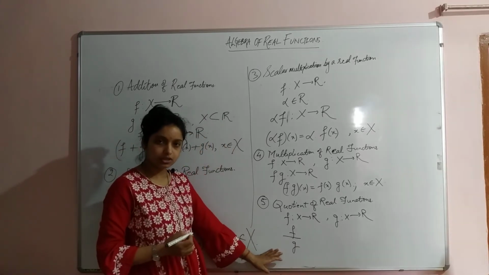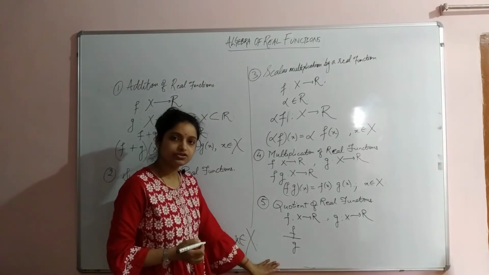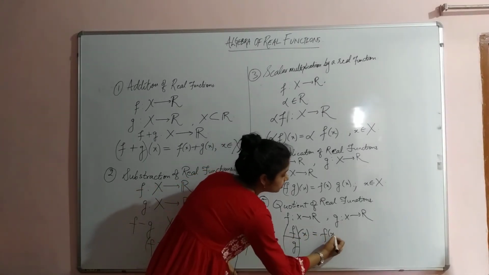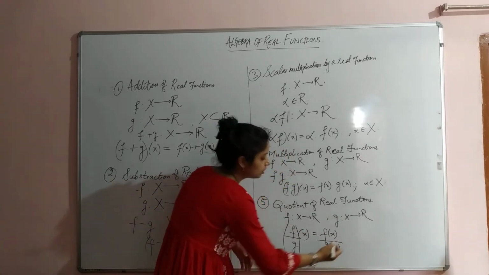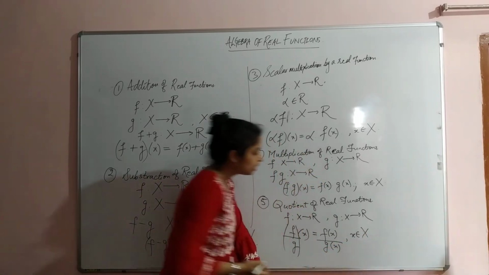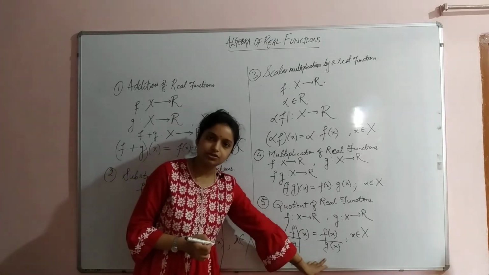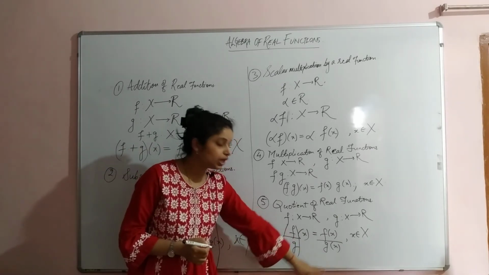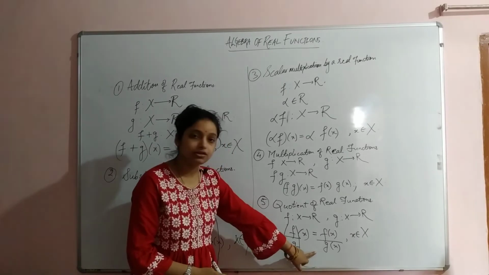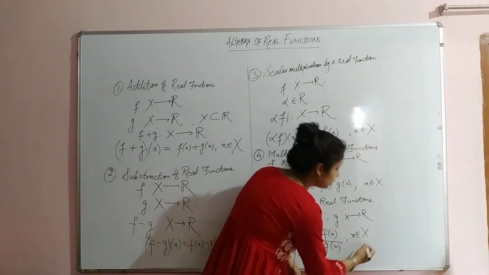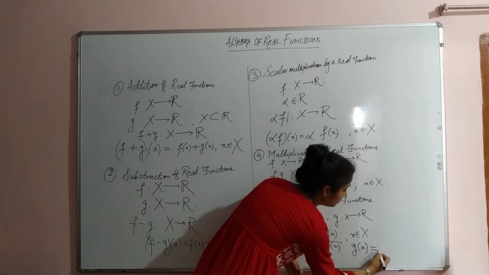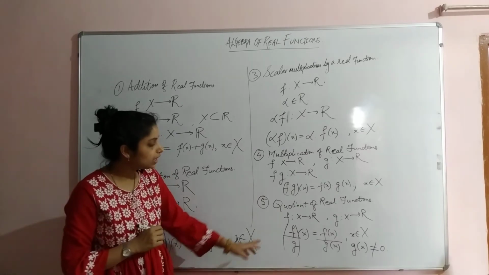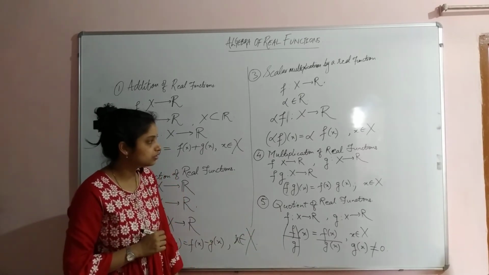This is called the quotient of functions f and g, given by (f/g)(x) equals f(x) divided by g(x), where x belongs to set X. And there is one condition: g(x) is not equal to 0, because if it is 0 for any x value, then this becomes infinity, which is not defined. So we conclude that g(x) is never 0 for any x. Then we can define the quotient of two real functions.